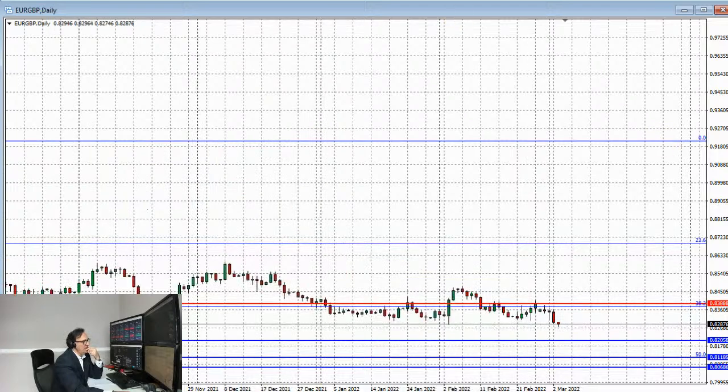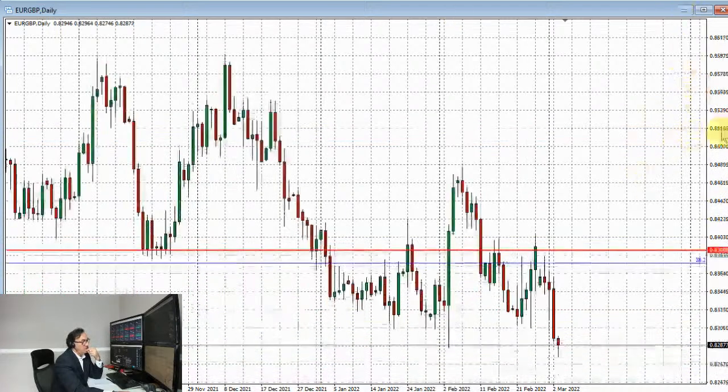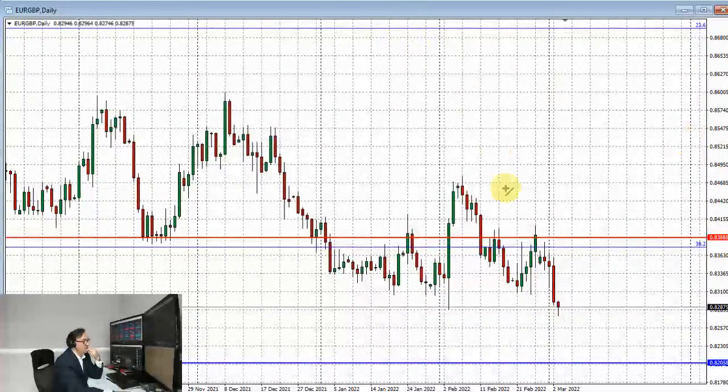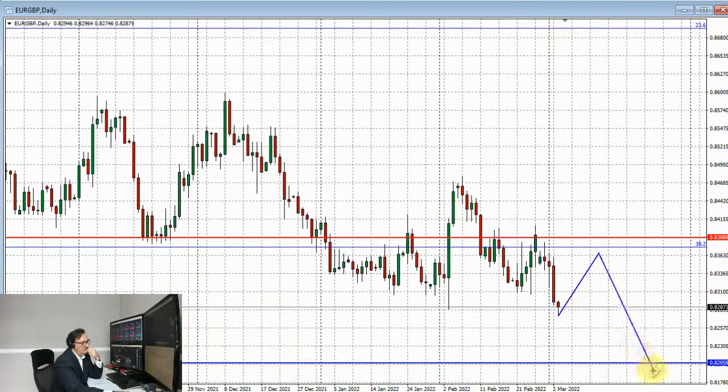From the daily point of view, there is a possibility that we could see an oversold bounce back, and then we could see another rejection to the downside, or we could see a gradual move lower.